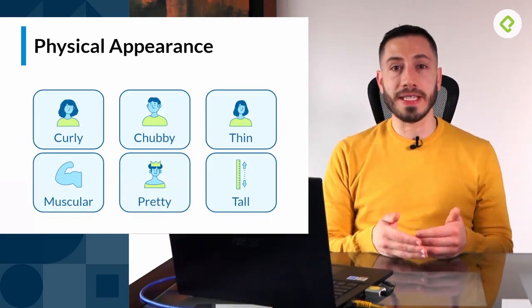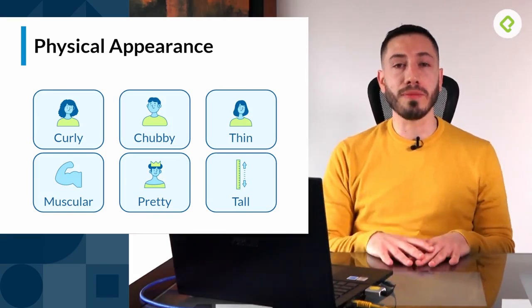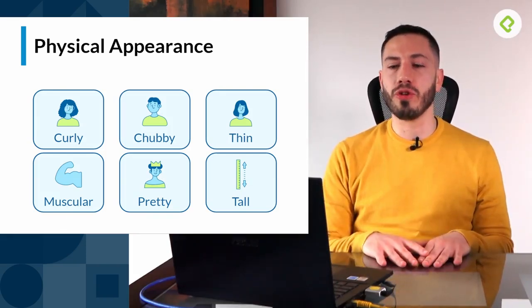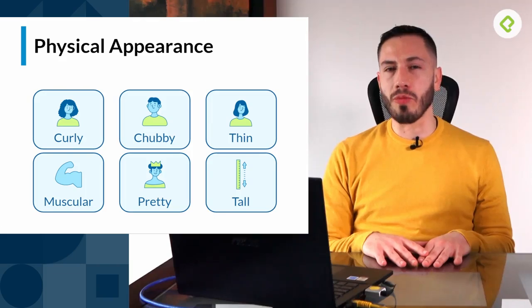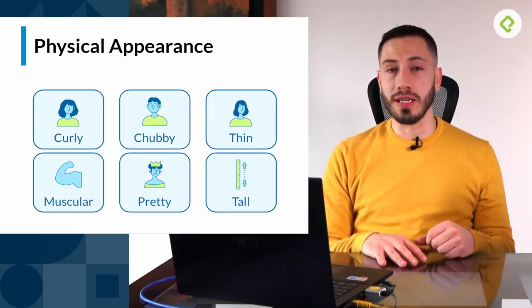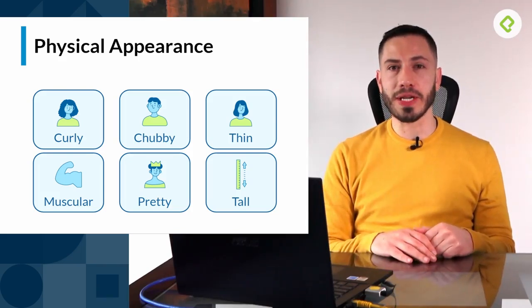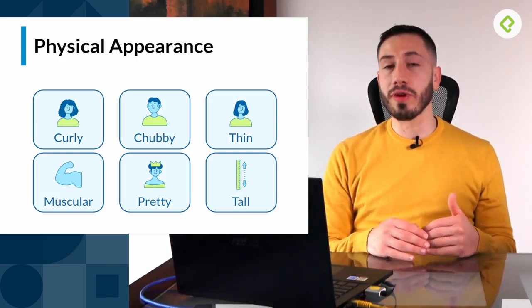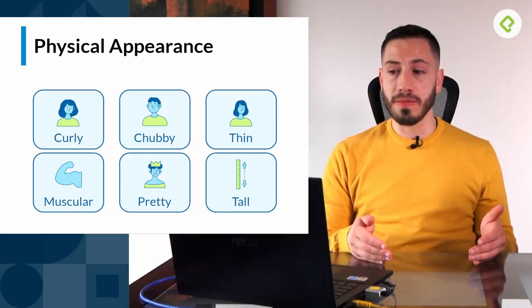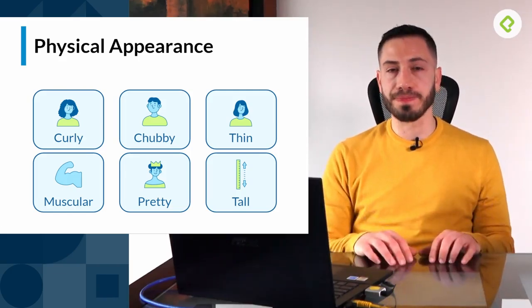Let's start with the physical appearance. Which kind of words? There are many. Here I only present 6. Maybe you have more. We can talk about someone and describe their hair, and we can use the word curly when they are like the woman on the slide, on the picture. We can also refer to someone as chubby or as thin, and those two are opposites.